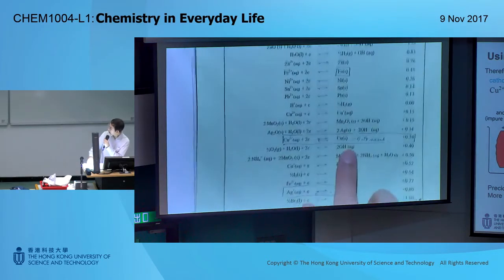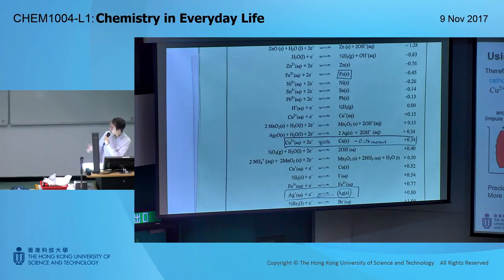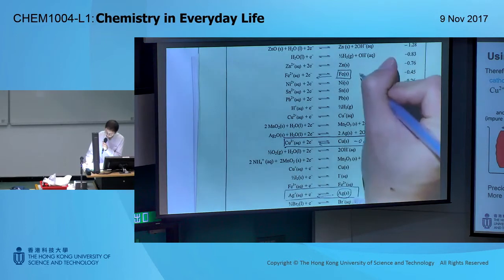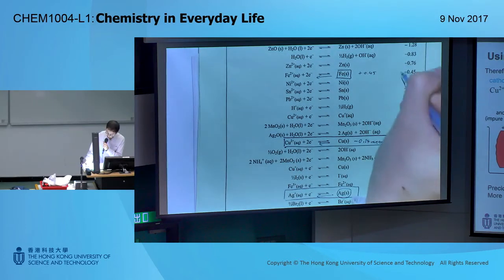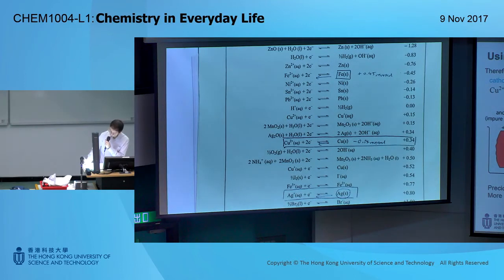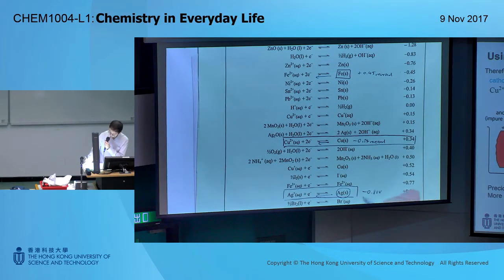So here's the iron, here's the silver. If you do electrolysis, the iron going back to iron 2 plus will have a value of plus 0.45 after reversing. And then this will have a value of minus 0.8 after reversing.